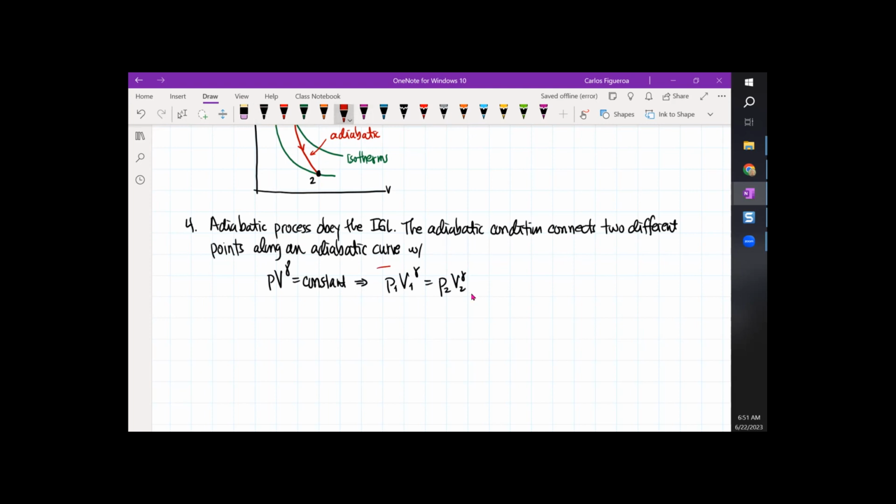This relationship is extremely useful. There's another relationship that we'll derive, but this is a very useful relationship.